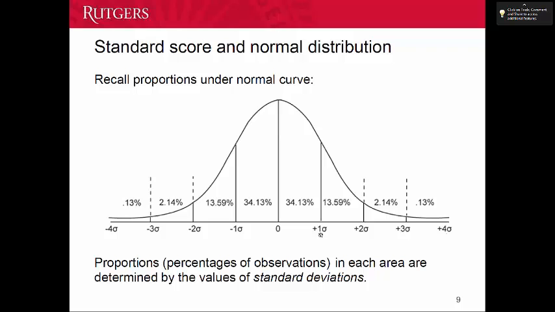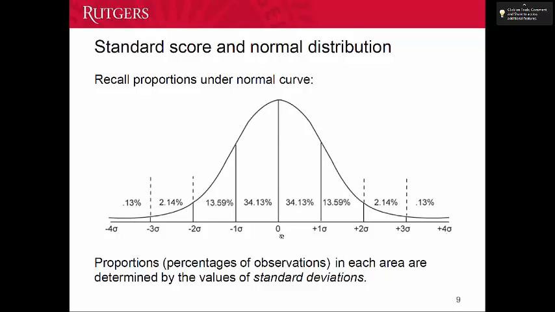For example, if you consider an interval from -1 standard deviation to 1 standard deviation, then the proportion within this interval equals 68.26% of all observations.